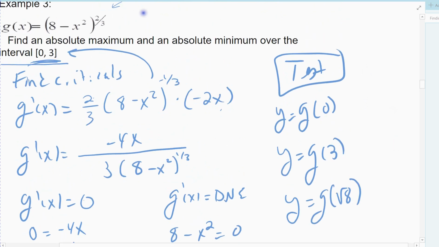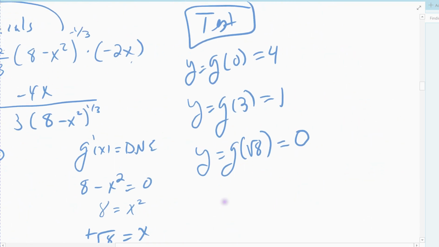All right, they're plugging into this function. When I plug 0 in, I get 4 out. When I plug 3 in, I get 1 out. And when I plug the square root of 8 in, I get 0 out. Which tells me this is my minimum, and this is my maximum.